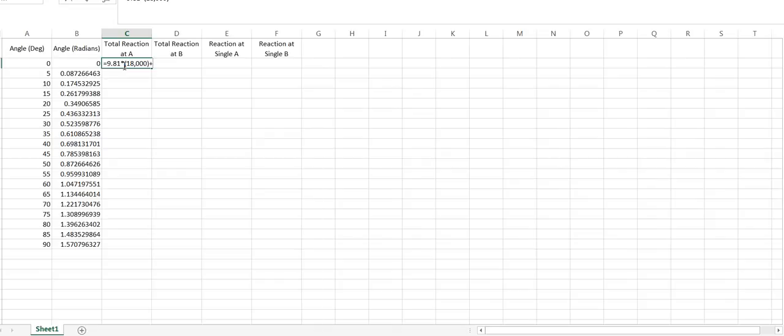Plus, we have 2 times G2. And I'm going to put another bracket here. 2 times G2, and G2 was 1,800 kilograms, right? So 1.8 megagrams.